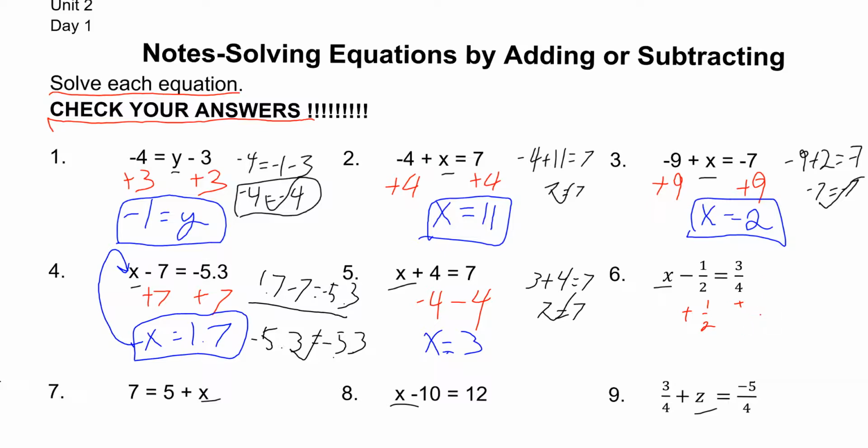So we're going to add 2/4. Now let's see, that's going to be x equals 5/4. And 5/4 minus 1/2 is 3/4. So that part works.